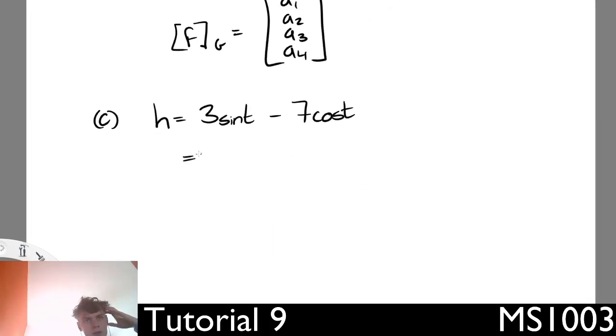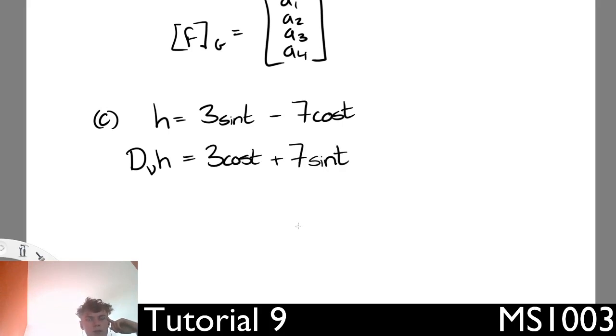And so if I were to differentiate it, sine goes to cosine, as we know, and cosine goes to minus sine. So I get this.